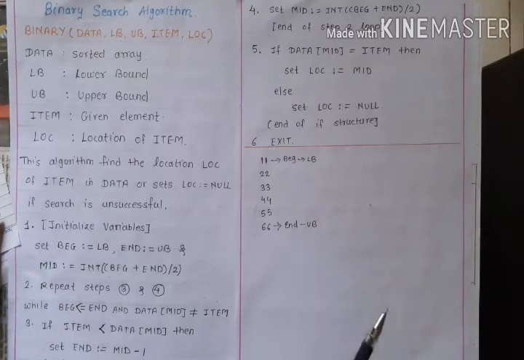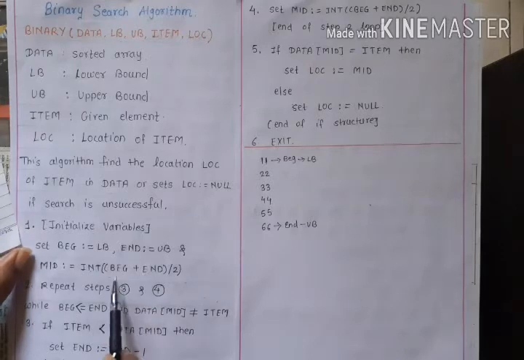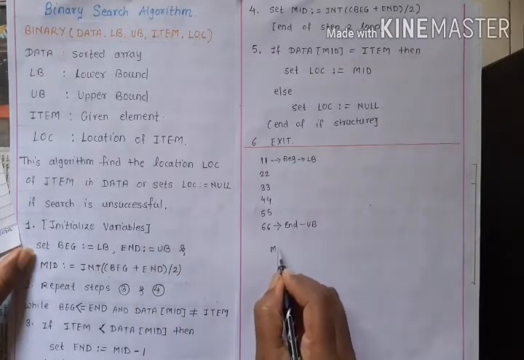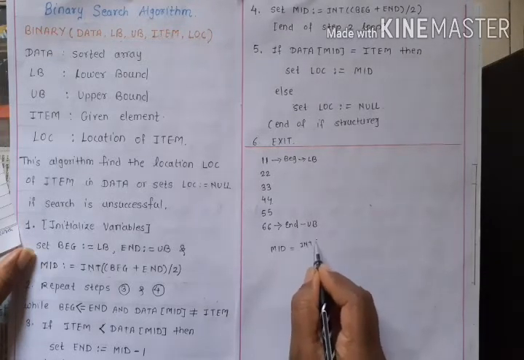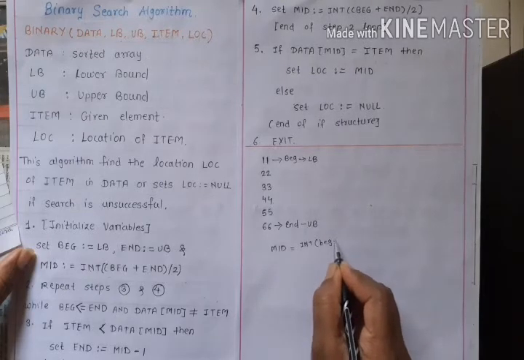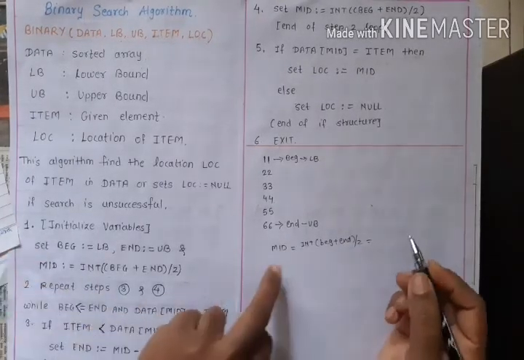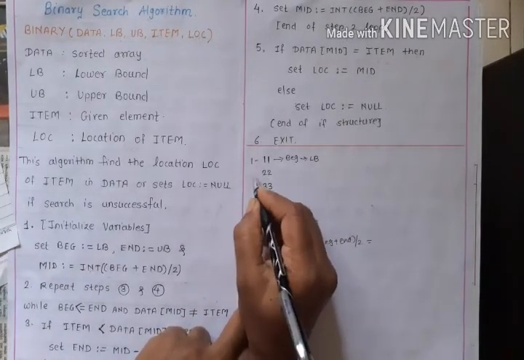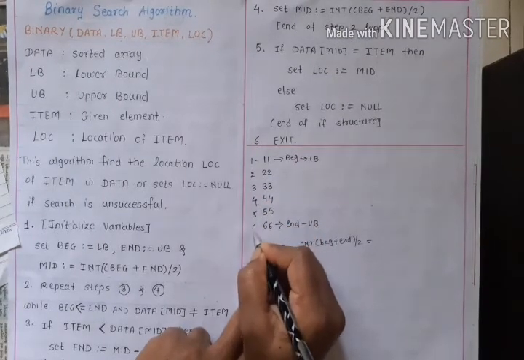See again, first calculate the mid element. What is the formula? mid is equal to int of (beg plus end) upon 2. What is the beg value? Give indexes first: 1, 2, 3, 4, 5 and 6.